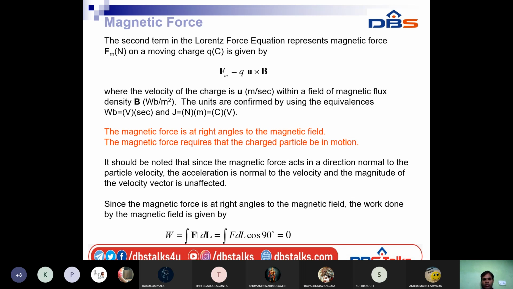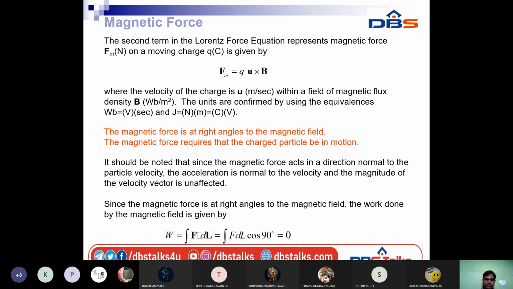The magnetic force requires that the charged particle be in motion. When the charged particle is in motion, then only we will get the magnetic force, otherwise we cannot recognize any magnetic force. And the magnetic force is at right angle to the magnetic field. Always the magnetic force is at a right angle to the magnetic field.